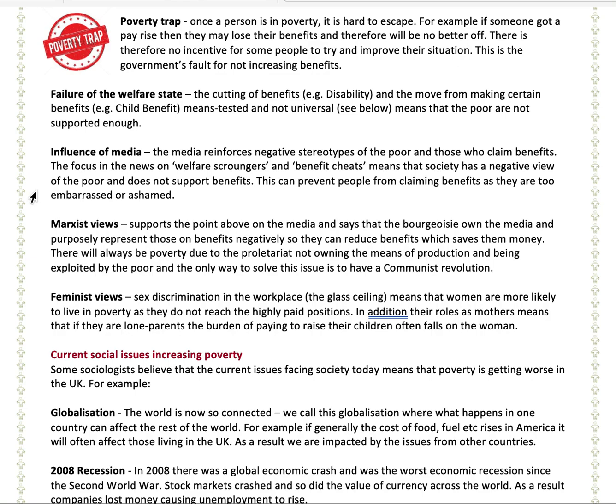So everybody who's paying tax becomes brainwashed and sees the poor claiming benefits as an enemy and thinks they don't deserve the money. And that's another way that the government or the bourgeoisie can benefit from how they control the media, and that then saves them money.